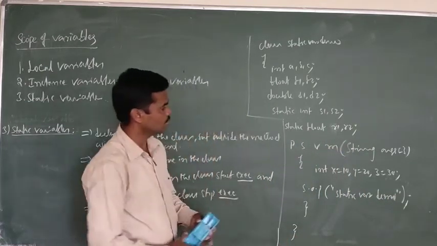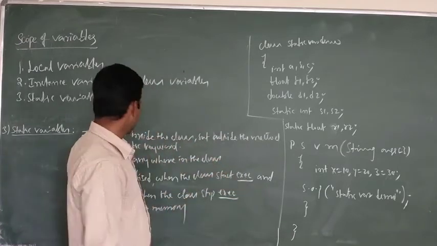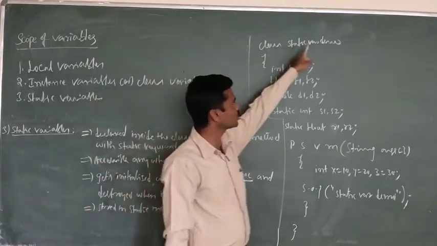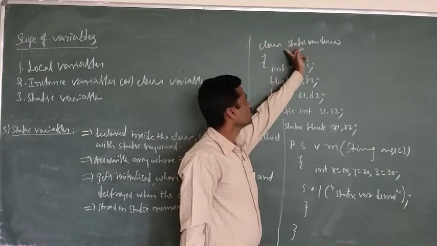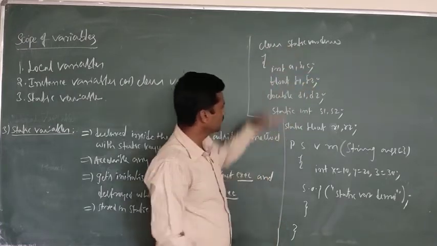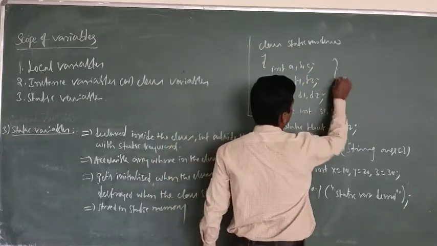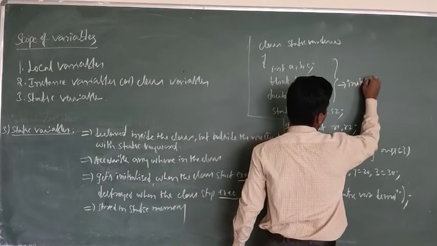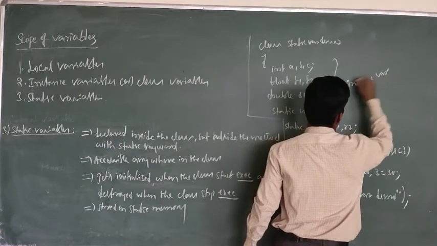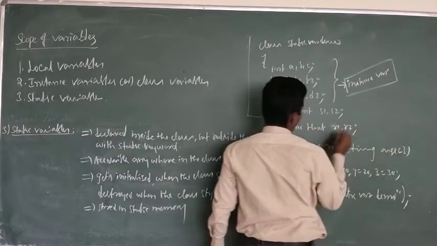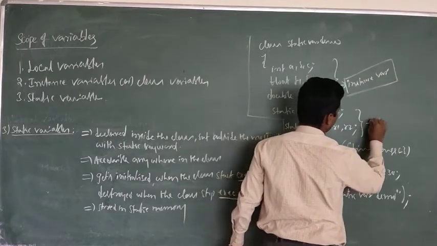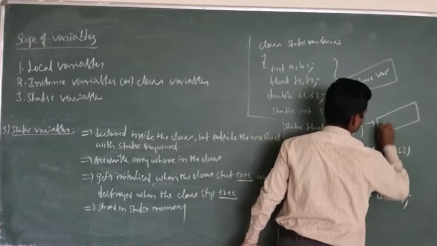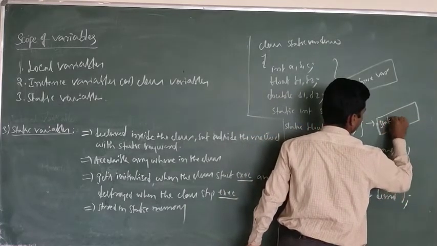See, this is one example program for declaring static variables in Java. Class name is what? StaticVariableDemo. Here these are the instance variables, and these are static variables.